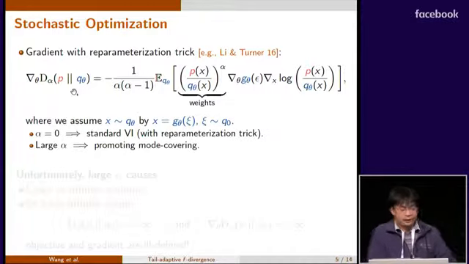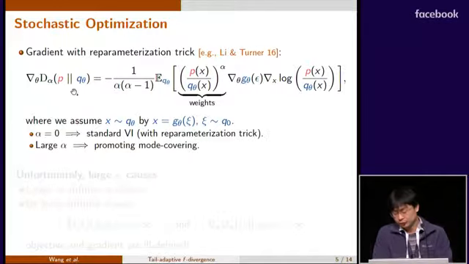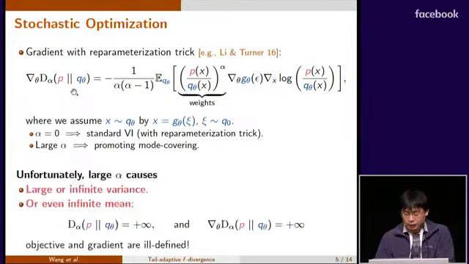It's expressed as an expectation under Q theta, so we can approximate the gradient stochastically by drawing samples from Q theta. It's a very nice formula. If alpha equals 0, it reduces to standard variational inference with the reparameterization trick. If alpha is large, then we have the property of promoting mass covering. So the story is very nice so far.